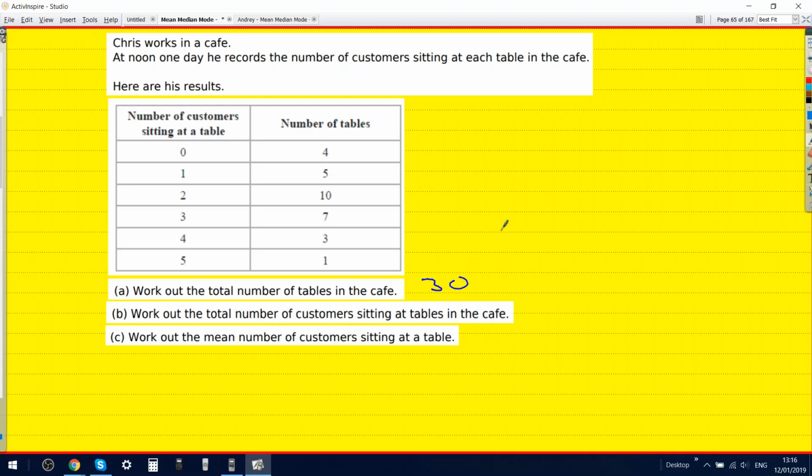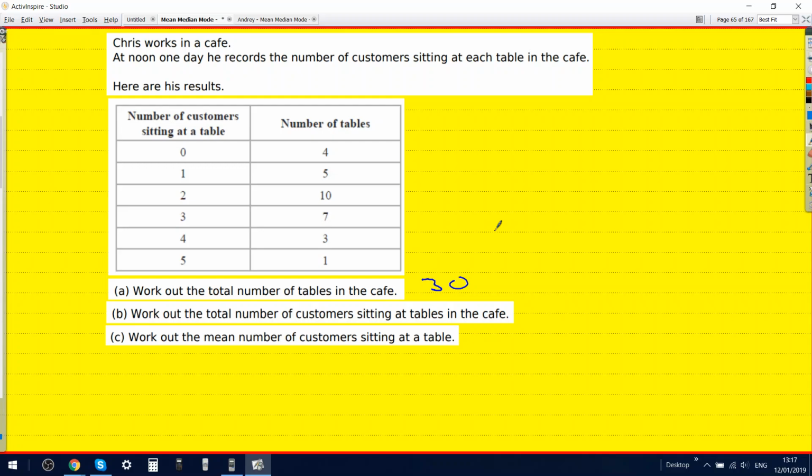Work out the total number of customers sitting at the tables. 1, 3, 6. Those are the categories. 15. Those are just the categories. Is this the mean? Oh no. So part C will be the mean.